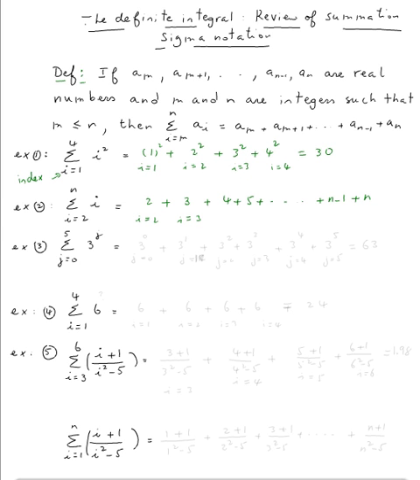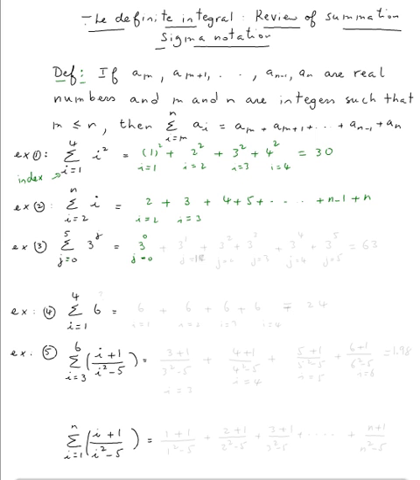For example 3, the reason I use this example is that the index doesn't always have to be i. i is just a dummy variable. We could use j or k sometimes. So usually we use i, j, or k. Let's use j for this one. This says from j equals 0. So when j is equal to 0, you plug 0 into j.